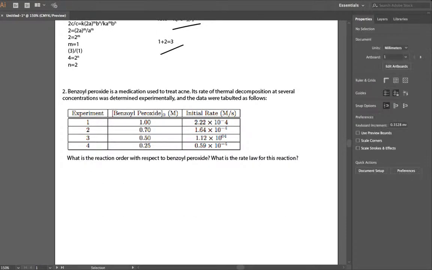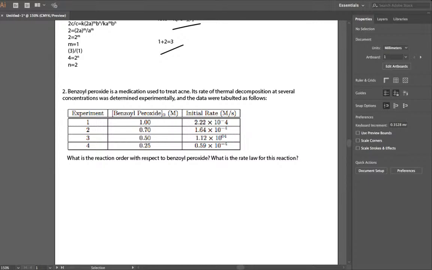Benzoyl peroxide is a medication used to treat acne. Its rate of thermal decomposition at several concentrations was determined experimentally, and the data were tabulated as follows. Experiments 1, 2, 3, and 4, initial benzoyl peroxide concentration in molar: 1.00, 0.70, 0.50, 0.25.